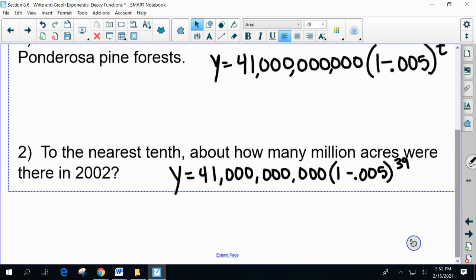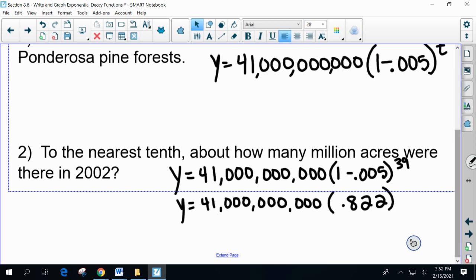We're going to have to answer this in scientific notation because it's going to be too big to calculate on our calculator. So 1 minus 0.005 to the 39th power would be 0.822, and then if you were to actually multiply this out, you would get a scientific notation answer of 3.37 times 10 to the 10th. So 3.37 times 10 to the 10th million acres.